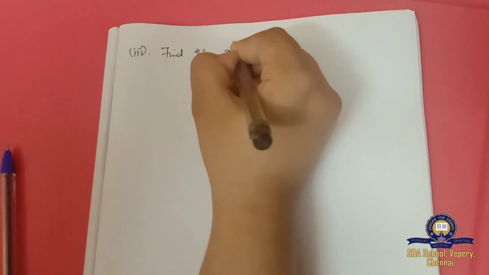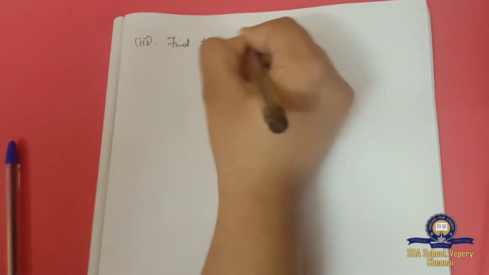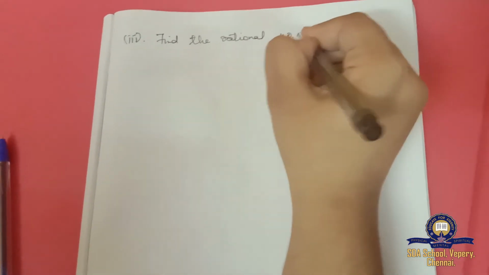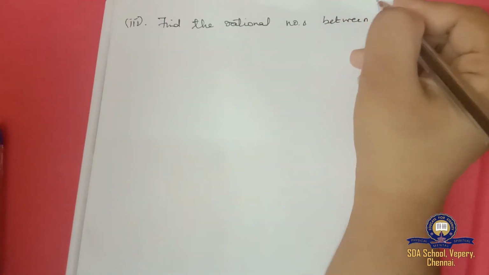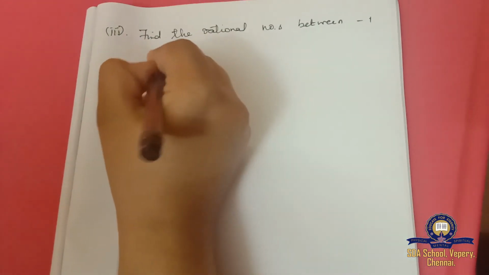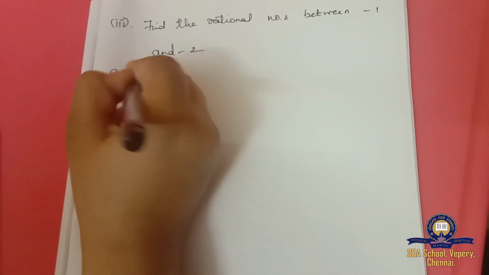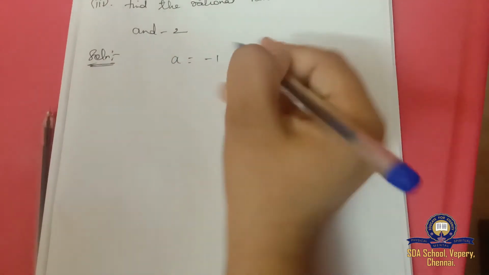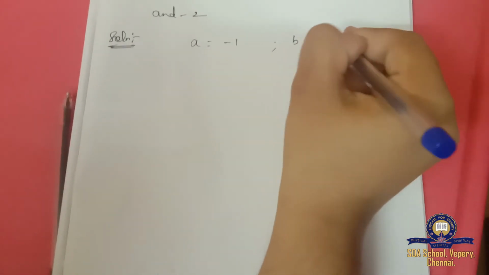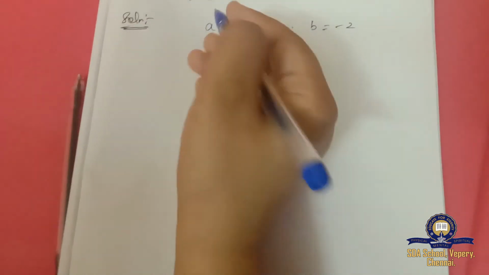Moving on to the third subdivision, we have to find the rational numbers between -1 and -2. Okay. Now, as usual, I have to take A as -1 and B as -2. Okay. What is my Q1?